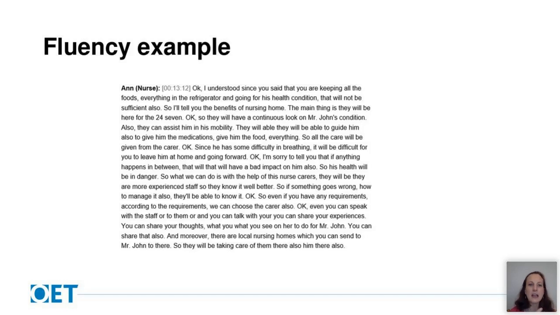You can see that they cover some benefits of the nursing home, but also they touch on what the risks are if they don't have any care, and then how to choose a nursing home. It's a lot of information for anybody to process all in one go. So fluency is about processing, giving the patient or carer time to process that information, not just going very, very quickly through a lot of information.